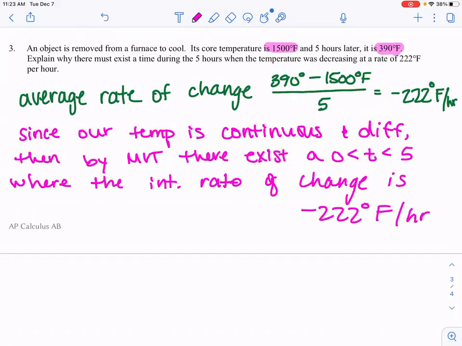Okay. Now, some of you may have talked about something like this in science, but there's totally a calculus explanation for it. Okay.